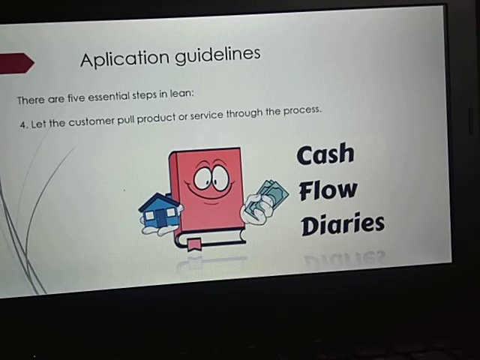After waste is removed and flow established, efforts turn to letting the customer pull product or service through the process. The company must make the process responsive to providing the product or service only when the customer needs it, not before, not after.